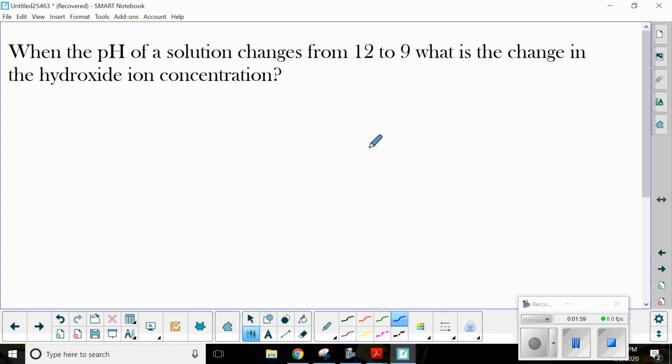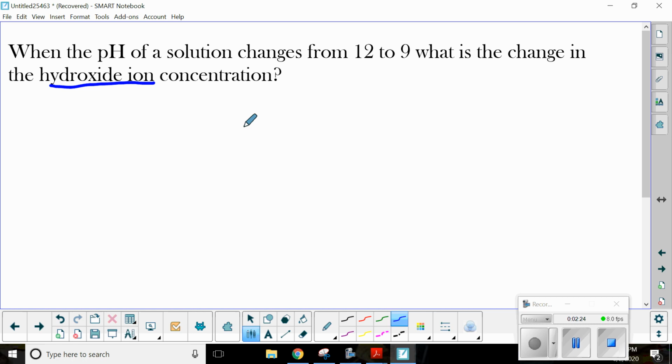Commonly missed problem: when the pH of a solution changes from 12 to 9, what is the change in the hydroxide concentration? Everybody who answered this said that it would be 1,000 times more, but because it says hydroxide here, it's actually 1,000 times less.